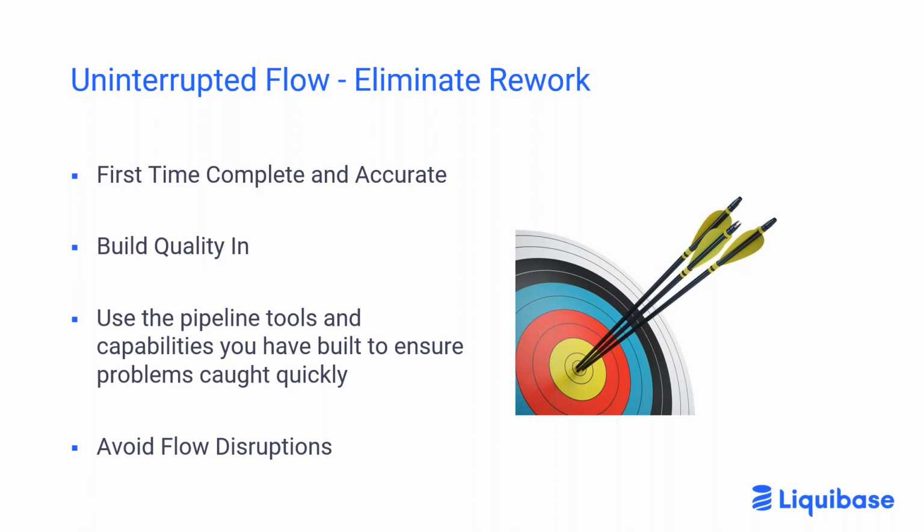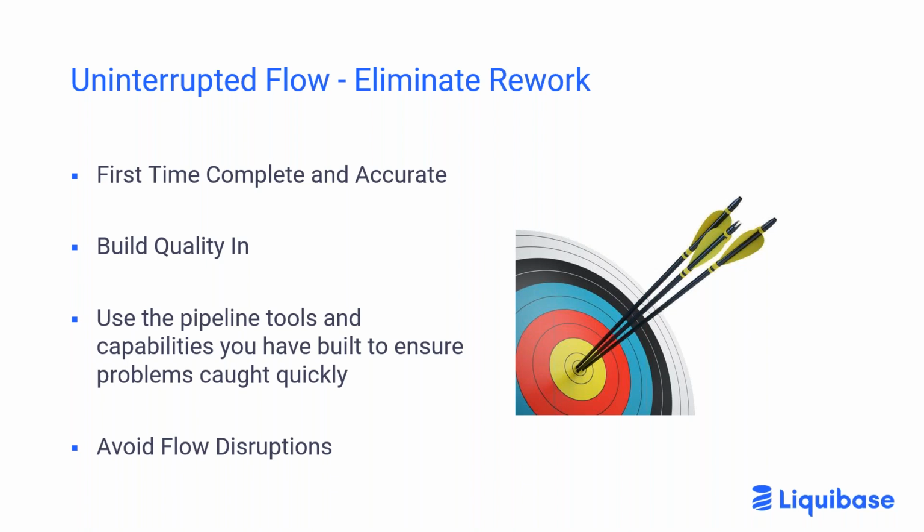And all this is about driving out rework from the process. So you can go fast and still tolerate an error rate, but at some point, your optimization will take you to the point where it's all about getting things through first time, complete, and accurate.